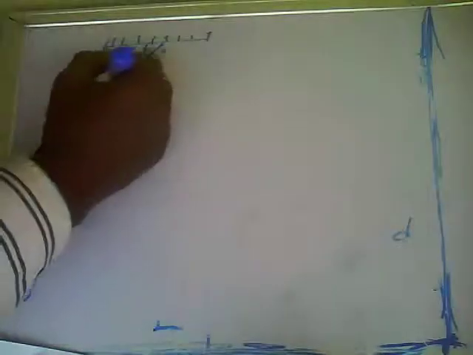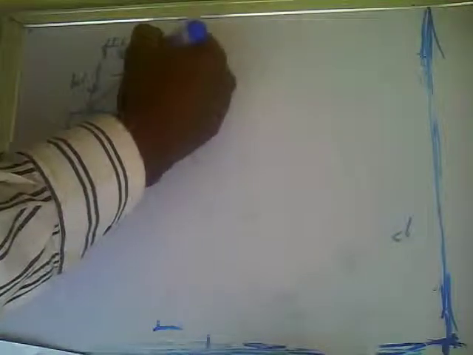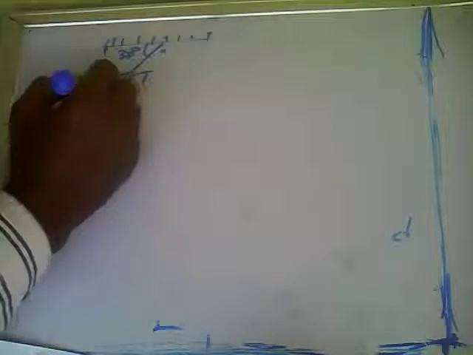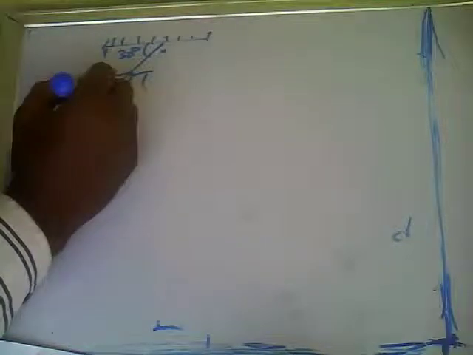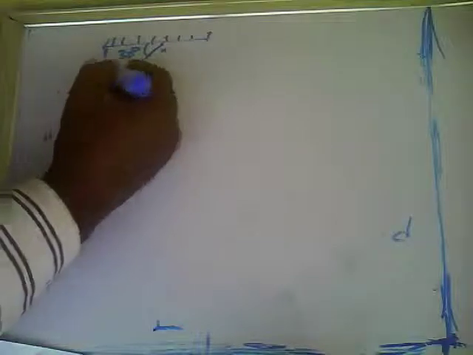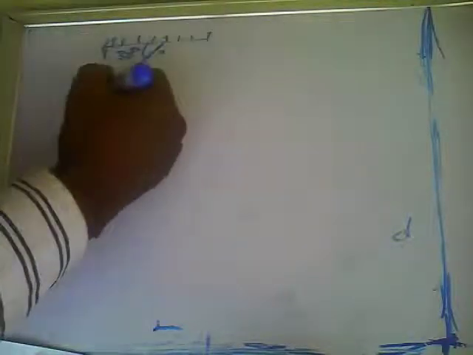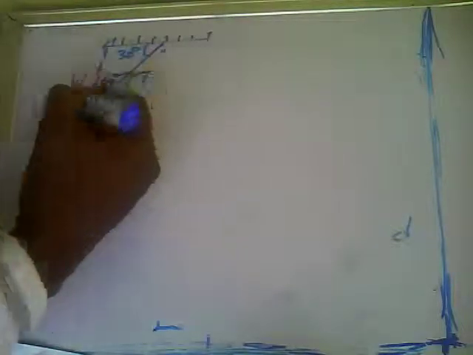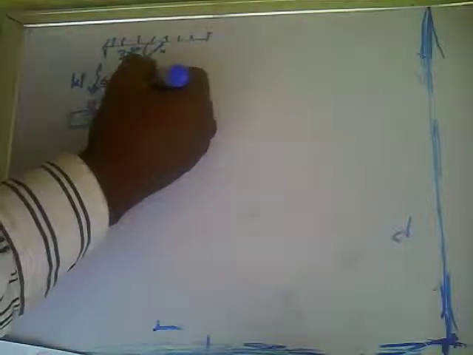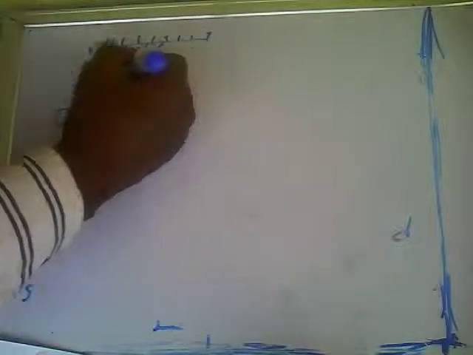Between the cord and the horizontal is 30 degrees, so between the cord and the vertical will be 60 degrees, because the vertical and horizontal are complementary. Now we can find the component of the tension along the vertical.